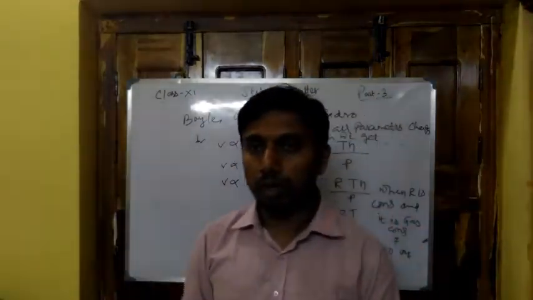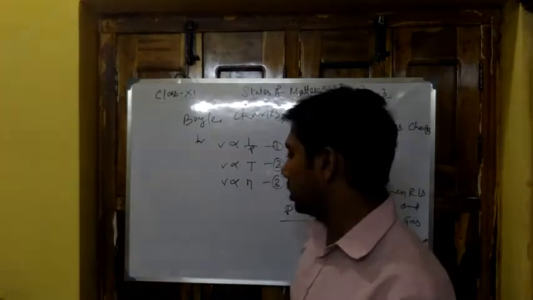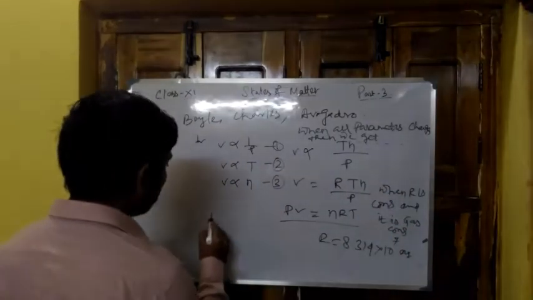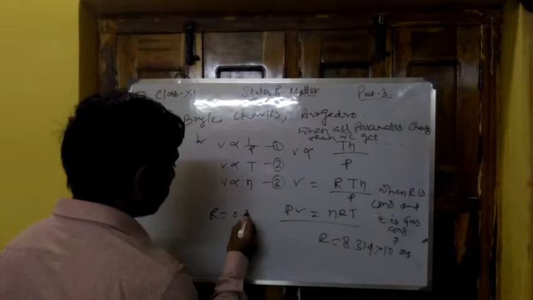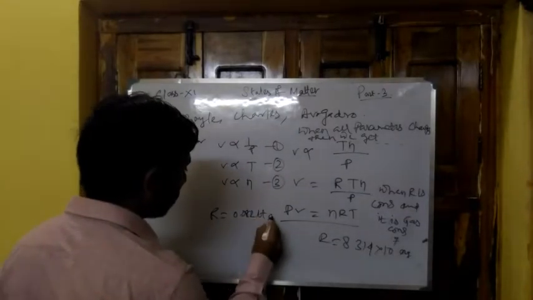Now in the CGS system and in liter atmosphere units, R has a value of 0.082 liter atmosphere.